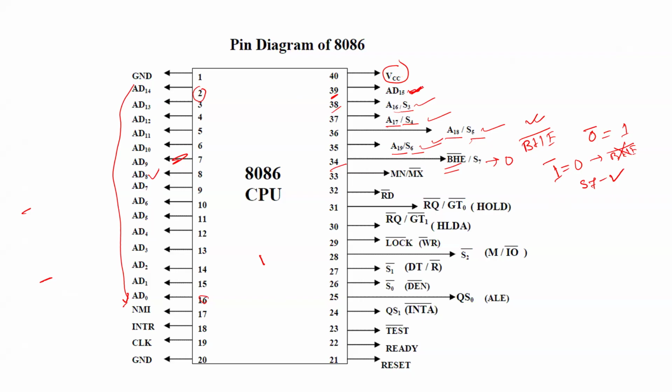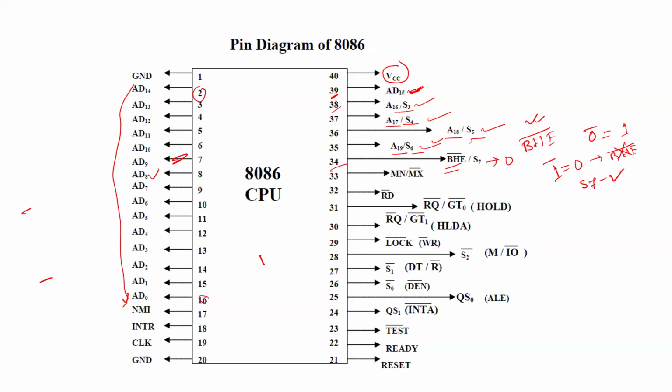Why 8 to 15? Because a total of 16-bit data are there. So higher order data is starting from D8 to D15, and D0 to D7 is the lower order data.